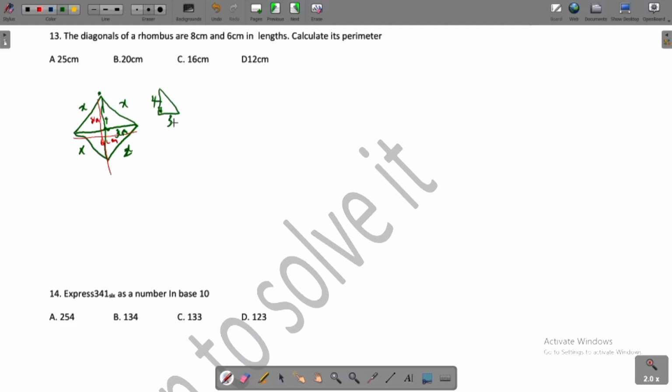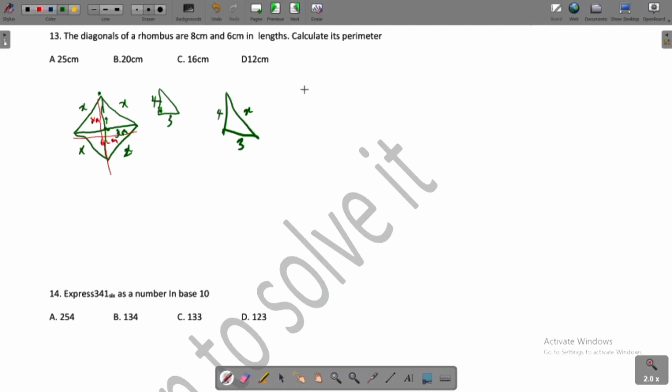Now, let me draw a bigger triangle. You have 4, you have 3, and you have to look for this side or any of the sides. Now you're not given any of the angles, but you are given 2 sides. You have to find a side of the triangle. What you just need to do here is just straightforward.